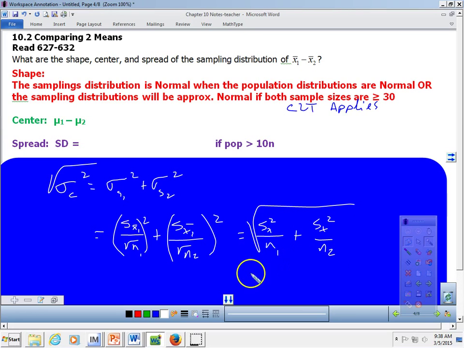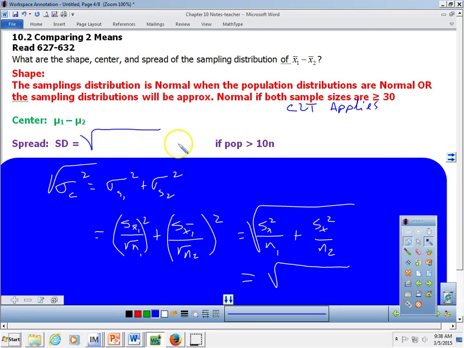Okay? And so we get to our new standard deviation formula for comparing. And it's this, and I'll write it up here actually. So to find our standard deviation, we're going to take a square root. Okay? And I'm going to do this in terms of sample standard deviation because it really should be.